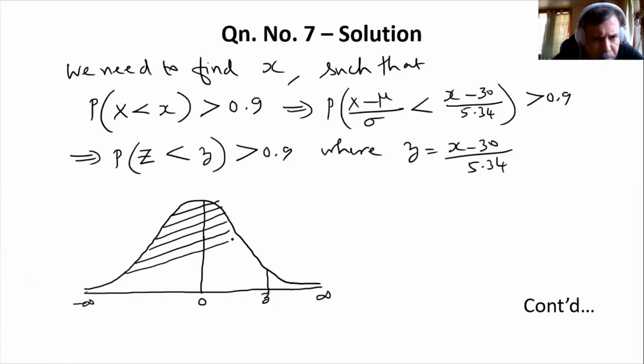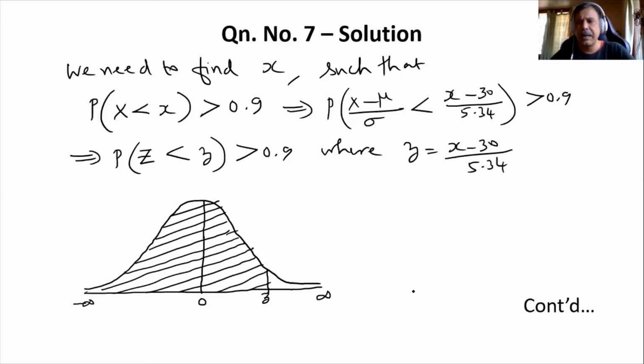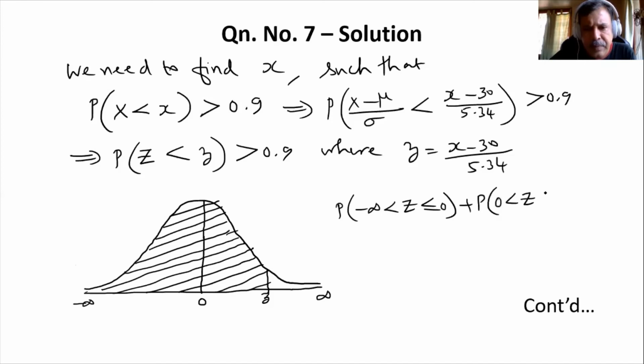This entire area is 0.9. Right. So I can now split this probability as probability of negative infinity less than Z less than or equal to 0 plus probability of 0 less than Z less than or equal to small z, and we can put less than or equal to everywhere.